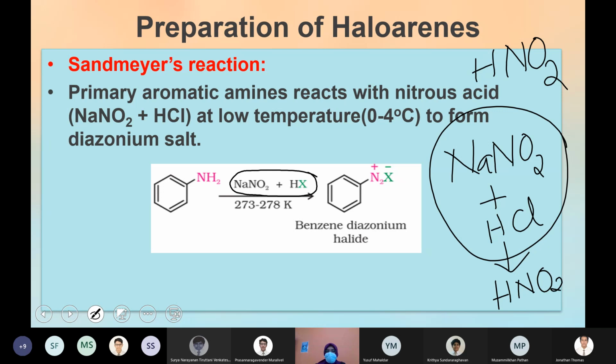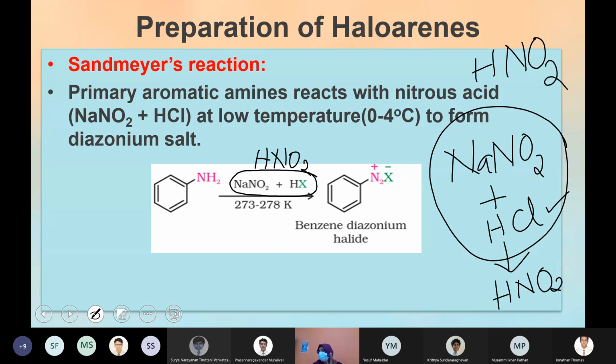That is why in the equation, instead of writing HNO2, they have written NaNO2 and HX, meaning HCl. You can take HCl or HBr, but more commonly we use HCl. So there are two ways of writing it. Either you directly write HNO2, which is not wrong because after all what is produced is HNO2, or you write NaNO2 and HCl.